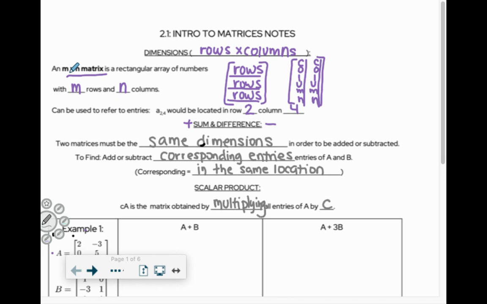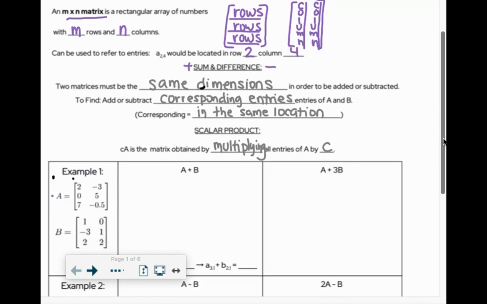So if c was, say, 2, you would double all of the numbers on the inside. None of the operations we are doing today are very difficult. The whole goal is just to get used to what a matrix is. Make sure you have all this jotted down because I'm going to scroll on down the page.